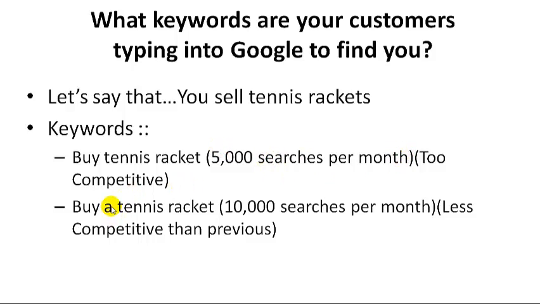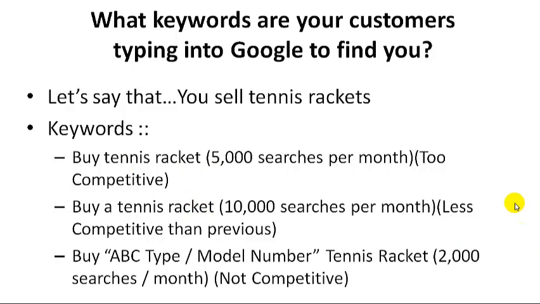But when you insert an A, buy a tennis racket, it could be 10,000 searches per month. It could be less competitive than the previous one, but it's still competitive. That's why you need to do some keyword research, figure out the right keywords, and attack it at that angle.